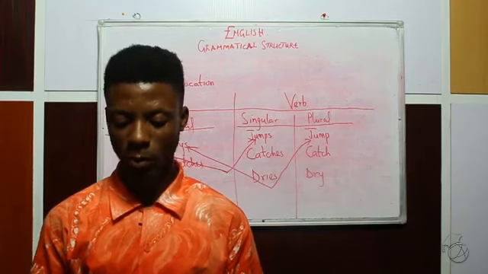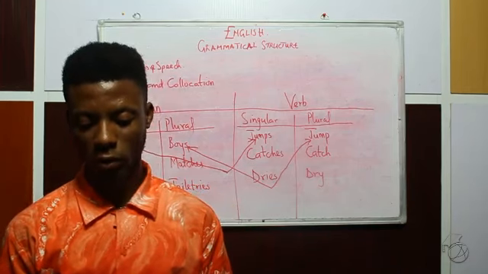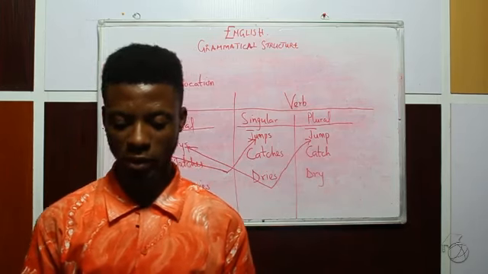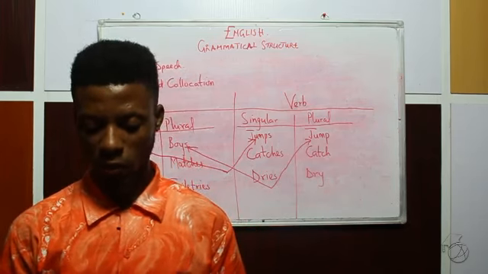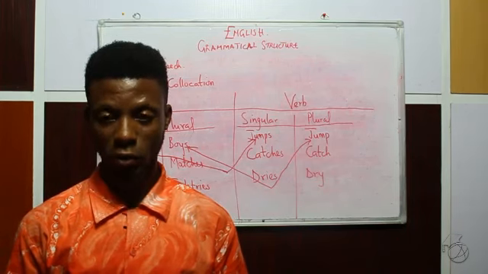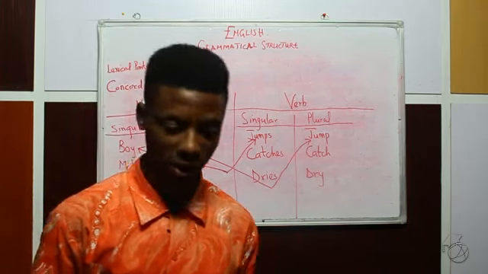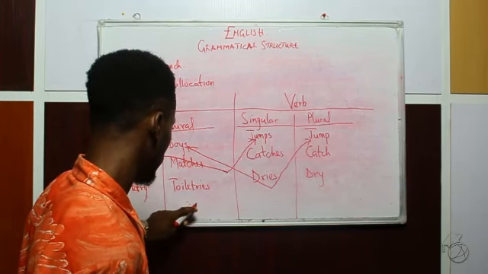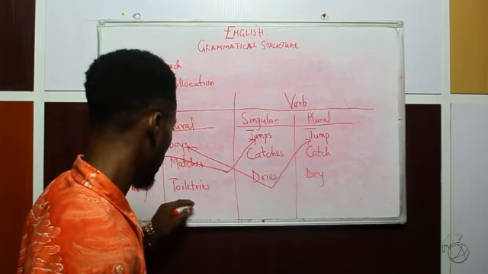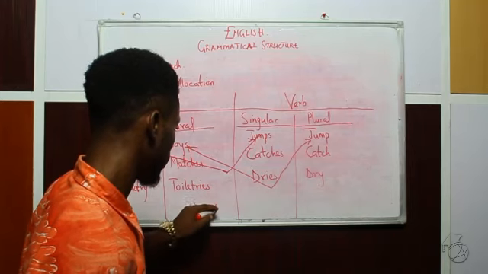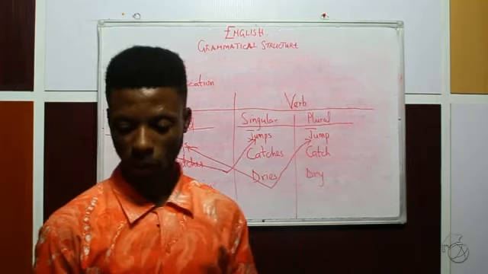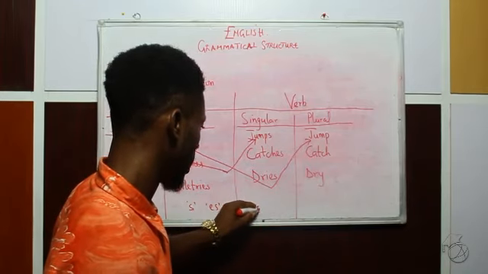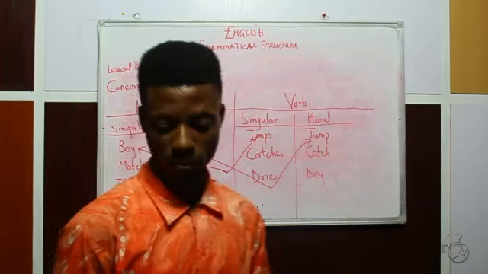Talking about singular and plural subjects, or nouns, and singular and plural verbs, it is important to state here that plural nouns can be recognized by the addition of s and es, or ies where necessary.